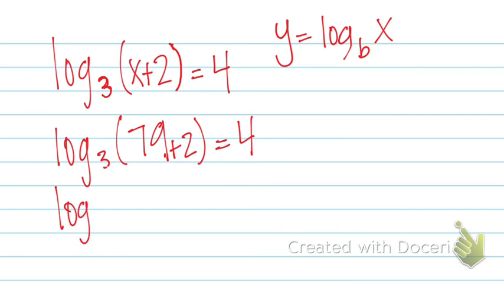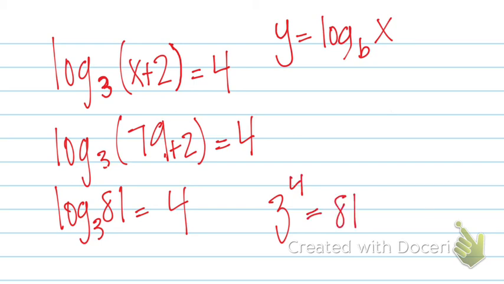What's 79 plus 2? 81 equals 4. So now we have to take that log and change it to exponential. So what is my base? 3 raised to what power? Equals 81. Does 3 to the 4th equal 81? Yes, so is this a valid solution? Yes.